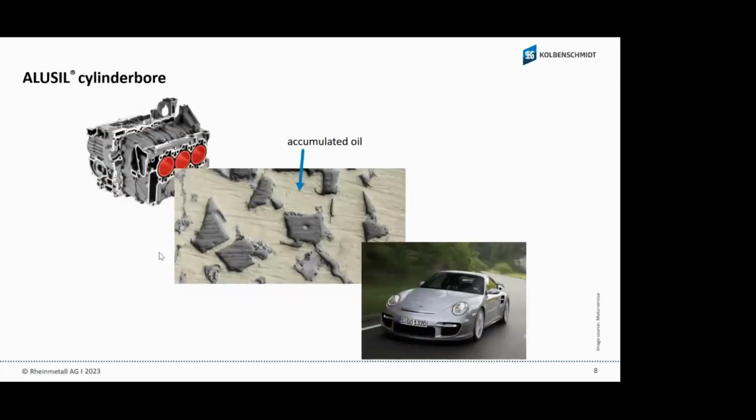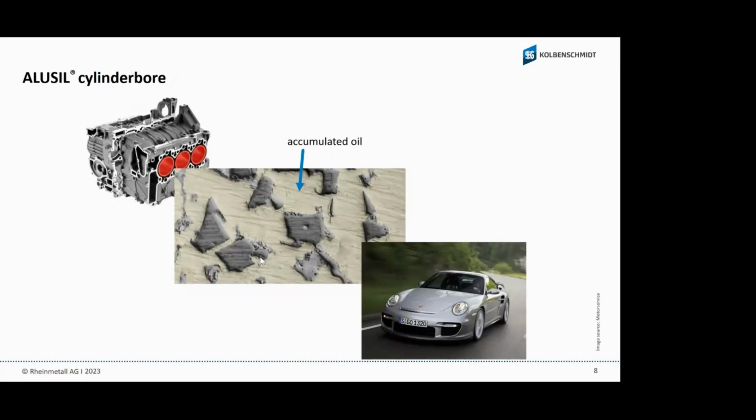The next slide gives an overview of the Alusil cylinder bore, Alusil, Locasil, or Silitech for Mercedes. We also have the oil volume, staying between the silicon crystals. The black parts are the silicon crystals, and you see the accumulated oil between them.